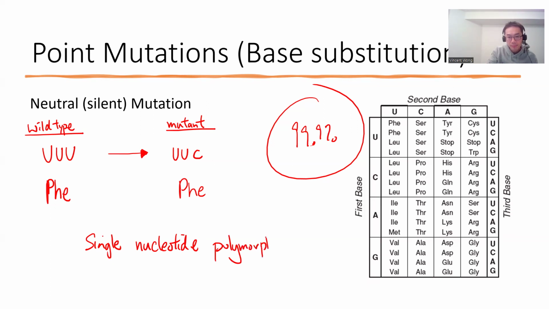A polymorphism is a detectable difference in the DNA between two people. So this is called SNP, SNPs, polymorphisms. And this is an important concept when we do biotechnology later.